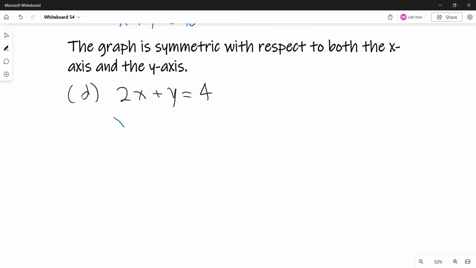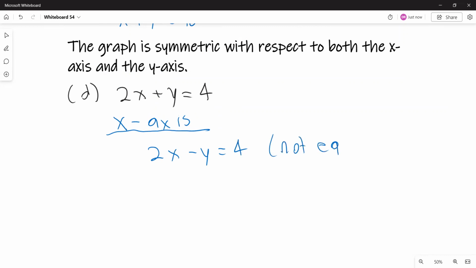With respect to the x-axis, we have 2x minus y equals 4. So that is not equivalent to the original equation.